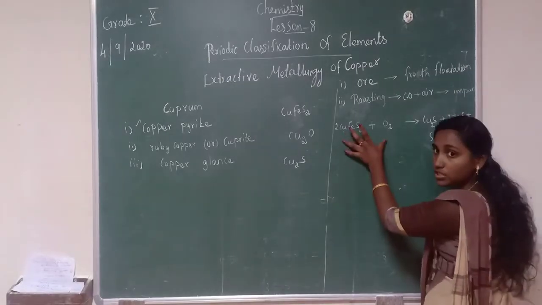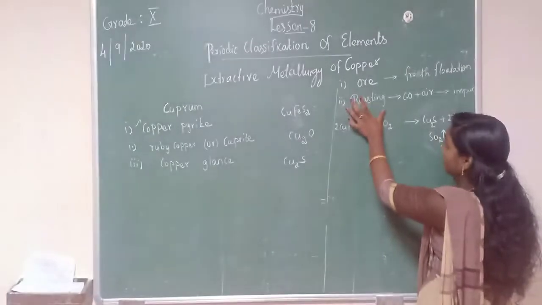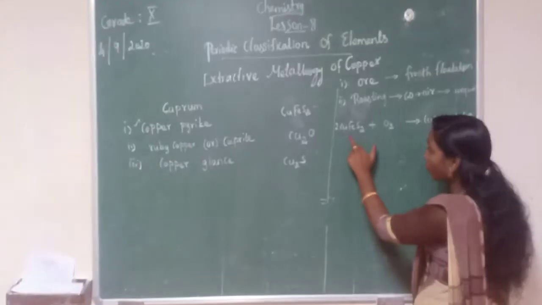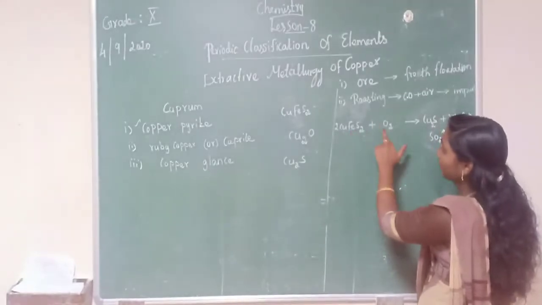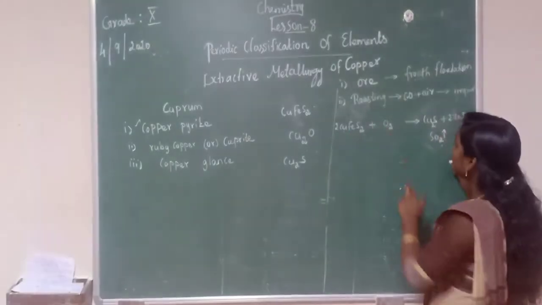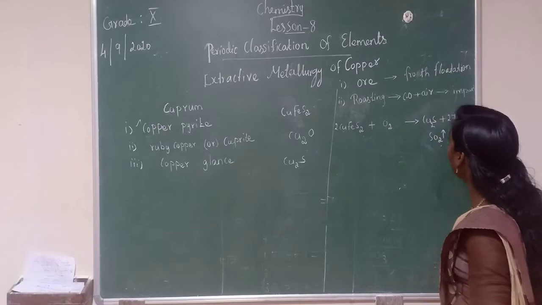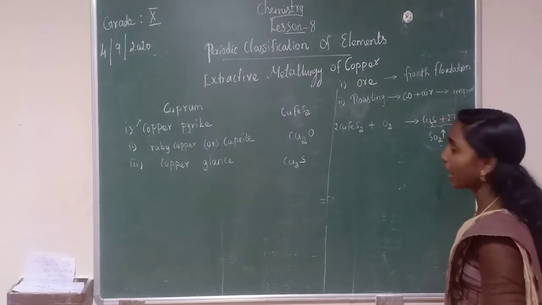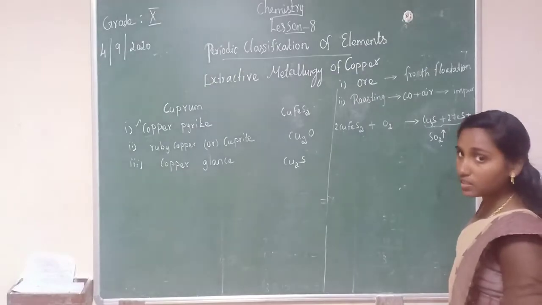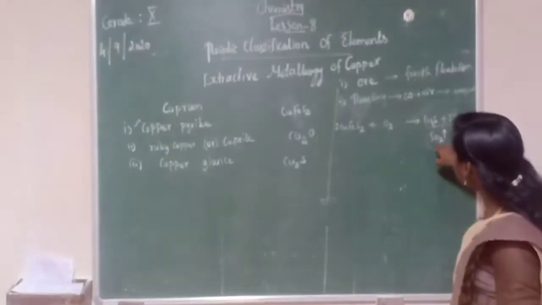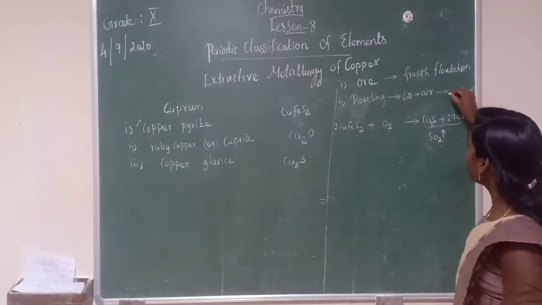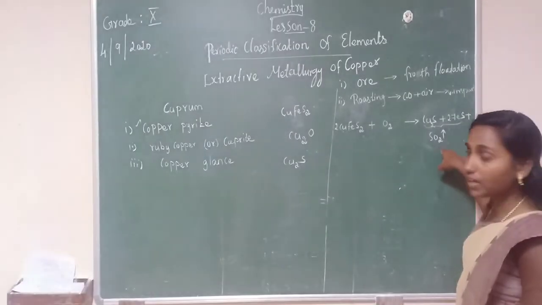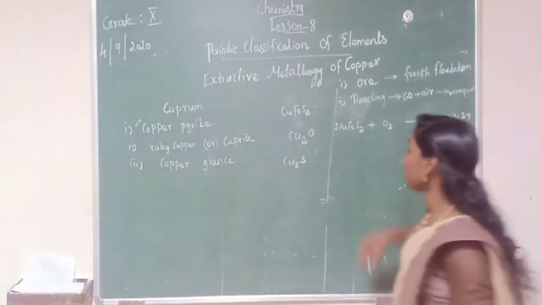So have you understood this equation? In the roasting process, the concentrated ore is roasted in the presence of oxygen. It forms sulfide ores, both copper sulfate and iron sulfate, and the volatile impurities will be removed, that is sulfur dioxide.